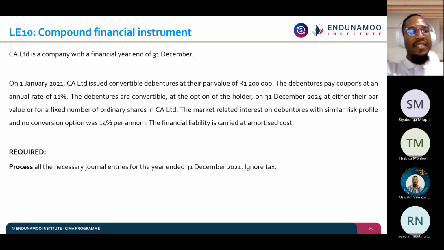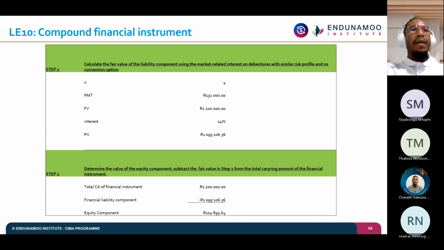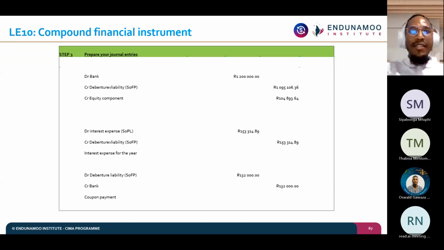What this means for us is that from the 1st of January 2021 up until the 31st of December 2021, the financial liability would accumulate interest, and interest would be accumulated at that 14%. So we would debit interest expense and credit the debenture liability, increasing the carrying amount of the debenture liability by 14% of the opening balance, being 1,095,000.